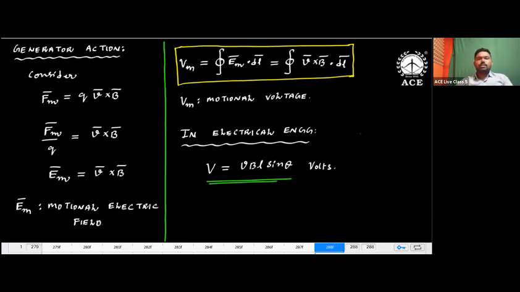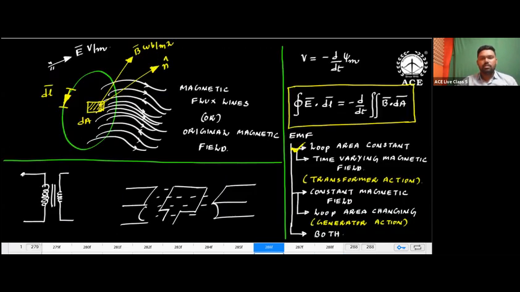Clear, beta? Just to create some interest here. Yes, dynamic voltage, you can say. Both are also possible, but you may not have the applications. The loop is rotating, flux is changing, just for the theory.